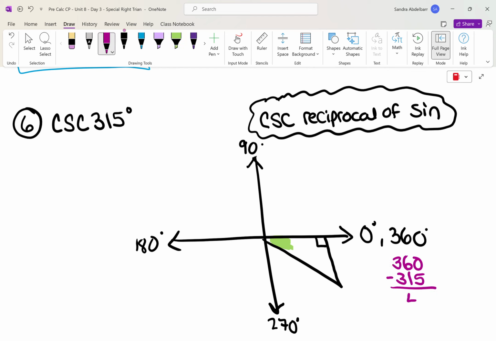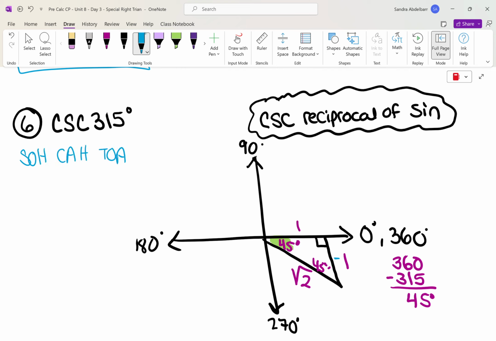How do I get this reference angle? We're going to do 360 minus 315, and that's going to be 45 degrees. So we're dealing with a 45, 45, 90. Across from the 45s are 1. Across from the 90 is √2. Now, which one is going to be negative? Just the y.